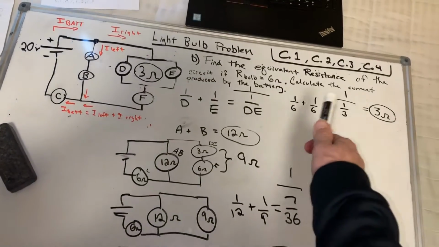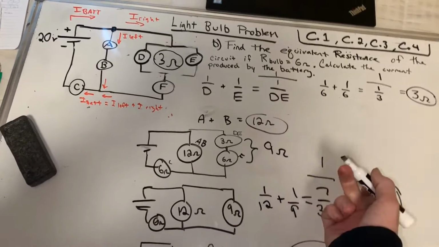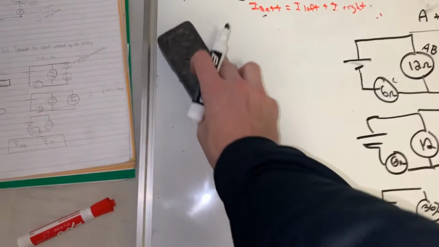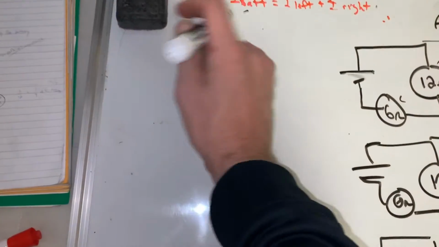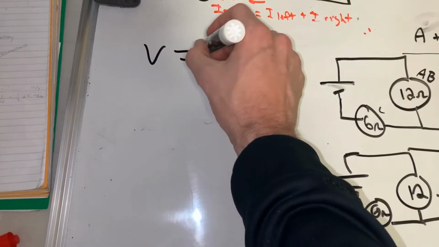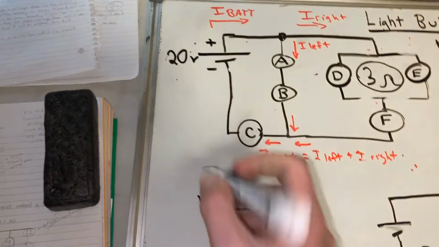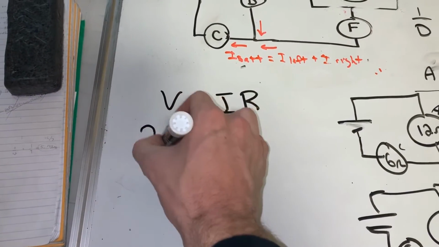All right, so calculating the current produced from the battery is actually very simple once you have the equivalent resistance. So now we're just going to use Ohm's law. So V equals IR. In the circuit, it's given that the battery voltage is 20 volts.